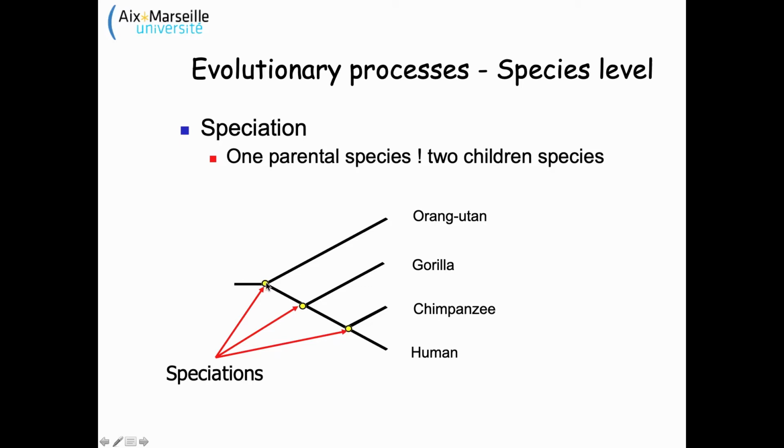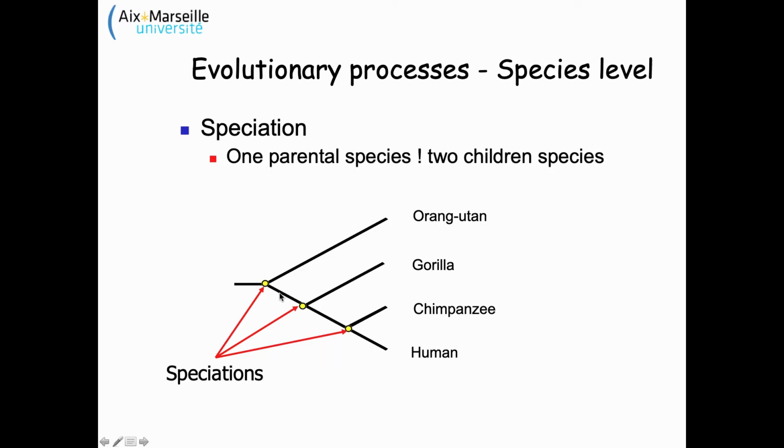And then at this point you have the time, and then you have a speciation. It's called speciation. It's when you have the separation between one species and another one. So here the species of orangutan appears, but the ones that will give gorilla, chimpanzee, and human continue.